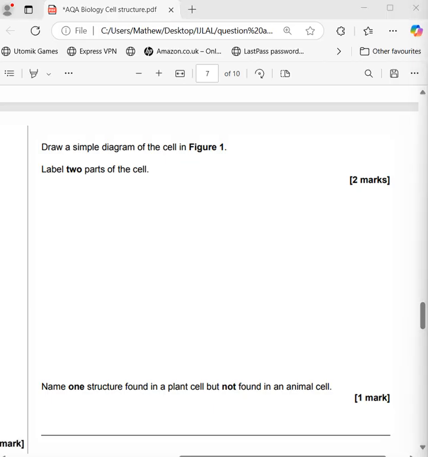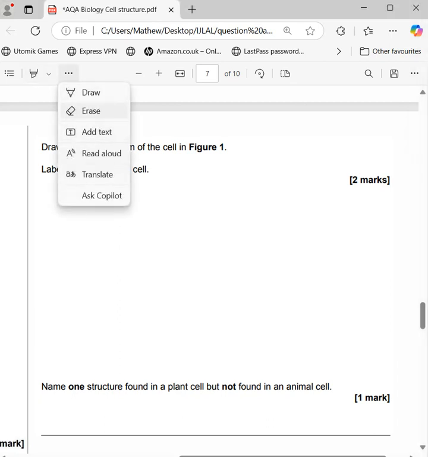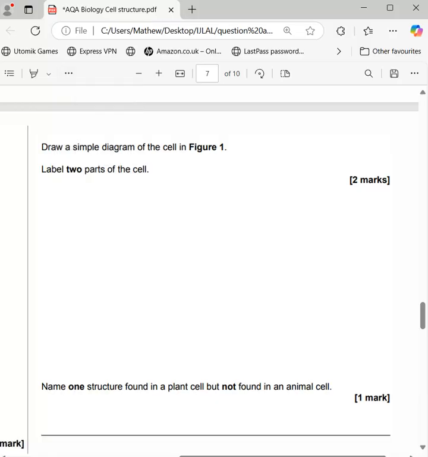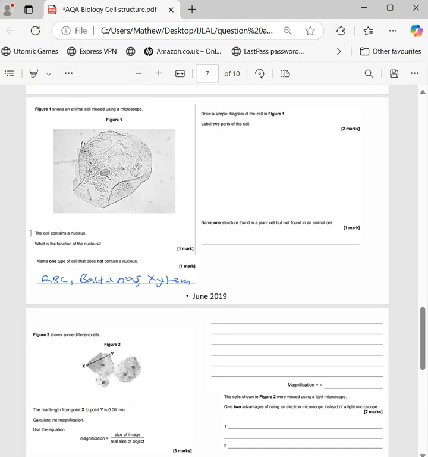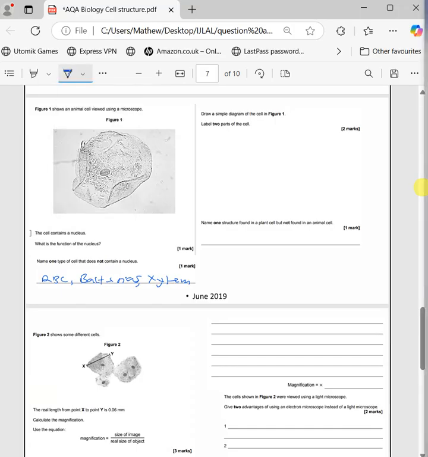It should just be a single line, a simple outline. They said we should label two parts: cell membrane, cytoplasm, nucleus. You are done.